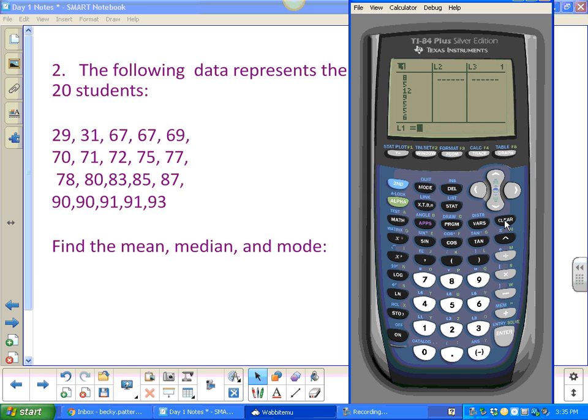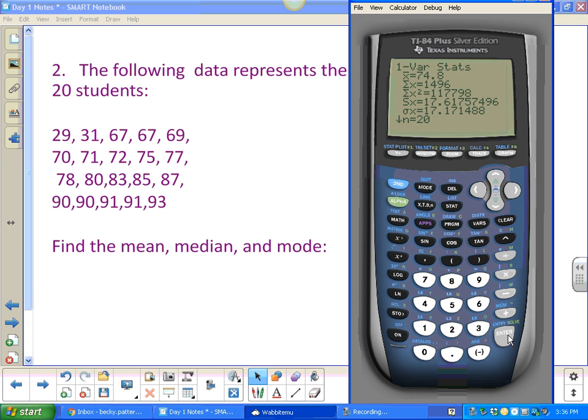Stat, clear out, and okay. Quit, Stat, Calc, one variable stats.